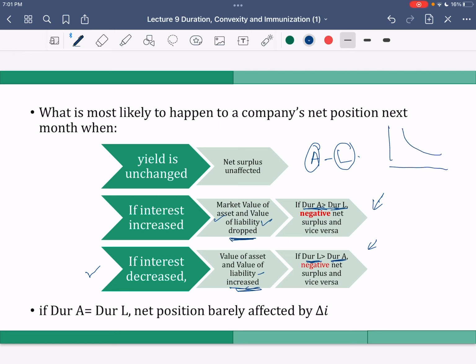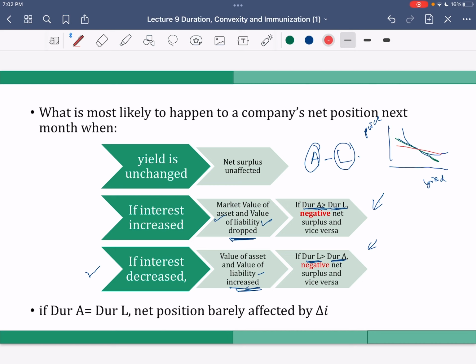We have the price over yield curve, right? And we have been seeing that the duration is actually the tangent line to the curve. So let's say the tangent line for the asset is higher than the tangent line for the liability. Liability is red.